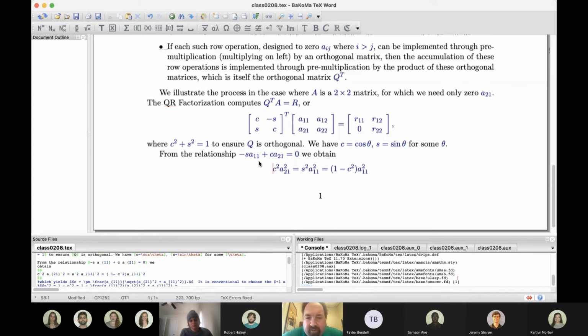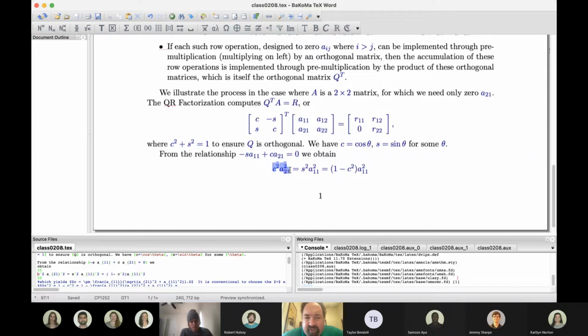What I can do is, I took this term, the minus S A11, moved it to the other side, then squared both sides, and that got me this. But sine squared is 1 minus cosine squared. So I substitute that here.